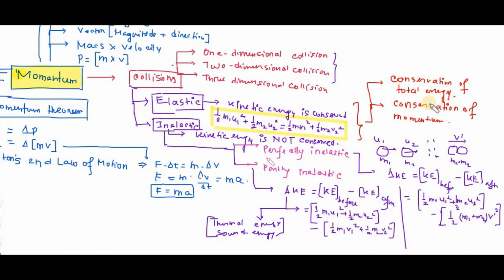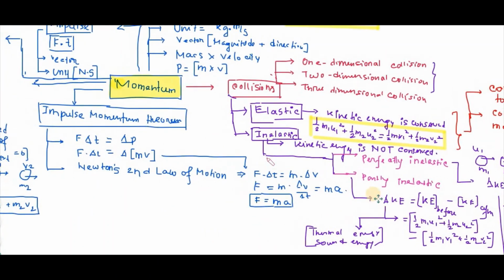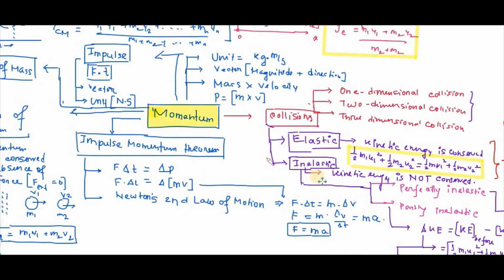Conservation of total energy means that thermal energy, kinetic energy, sound energy, potential energy, everything is involved, so total energy always remains conserved. However, in the case of inelastic collision, kinetic energy is not conserved. So that's the overall fundamentals of momentum under this AP Physics 1 Unit 5 module.